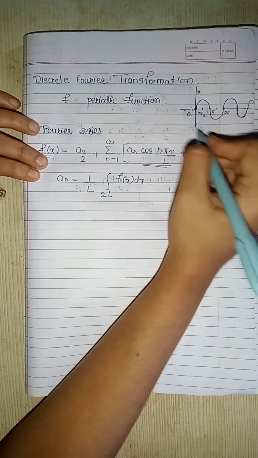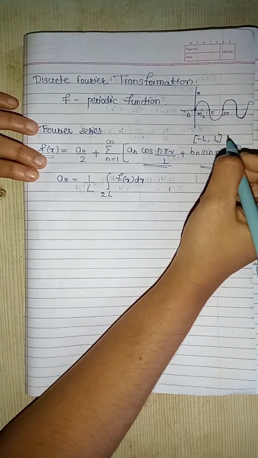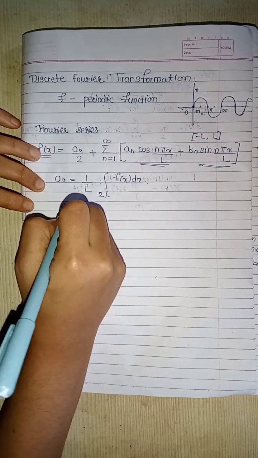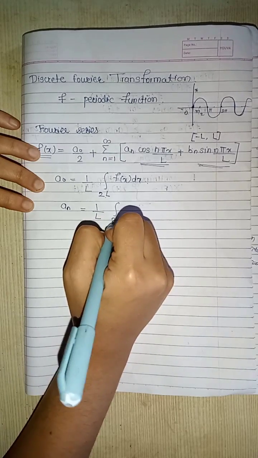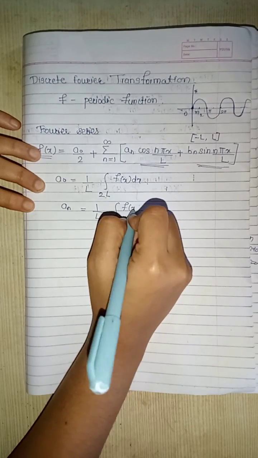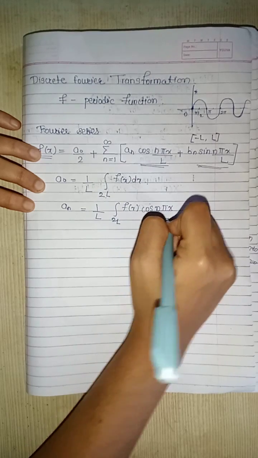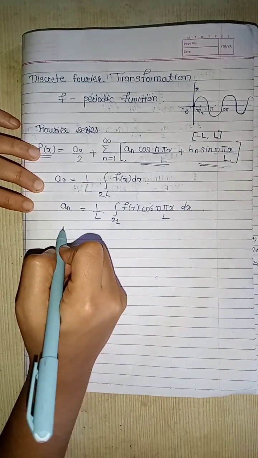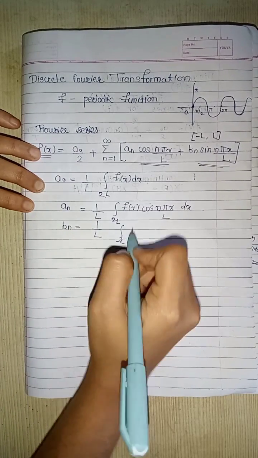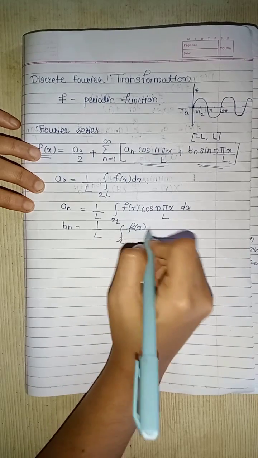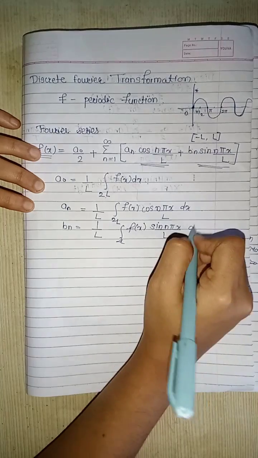Basically it is the interval in which the function is located, that is minus L to L. Similarly, an is 1 upon L times the integral from minus L to L of f of x cos of n pi x upon L dx, and bn is 1 by L times the integral from minus L to L of f of x sin of n pi x upon L dx.